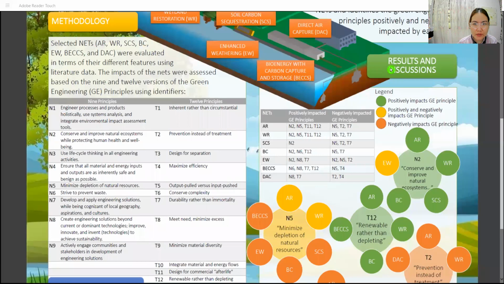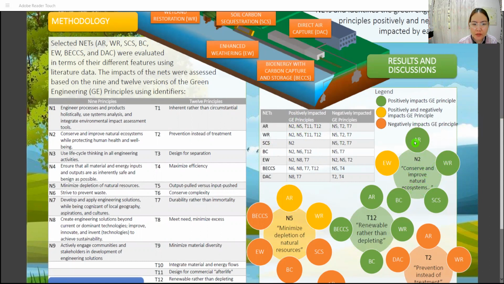Moving on to the results, the table shows the positively and negatively impacted GE principles for each net. But for the discussion, let's move on to the diagrams. Each Venn diagram shows a GE principle and the surrounding circles show the associated net.